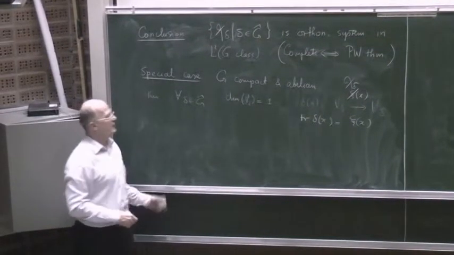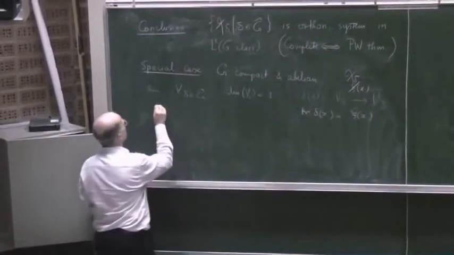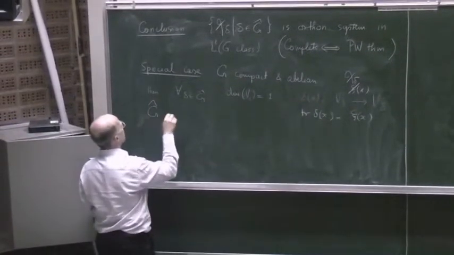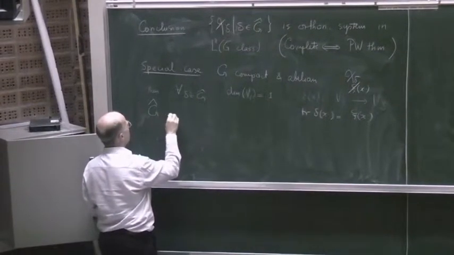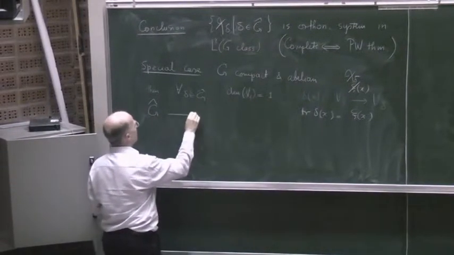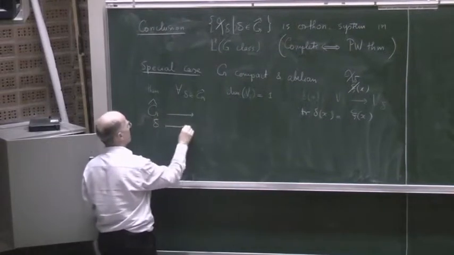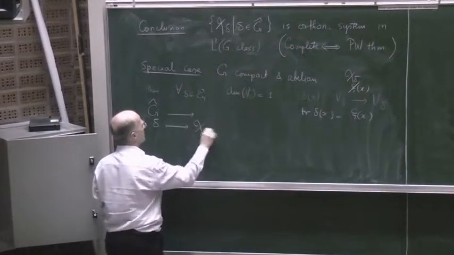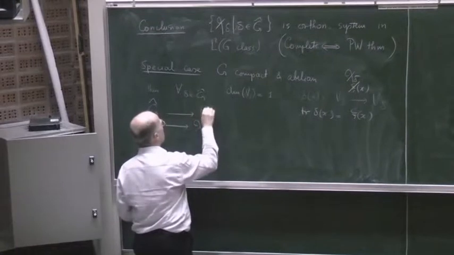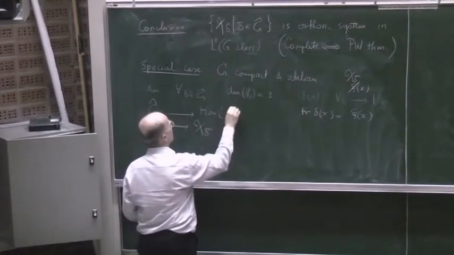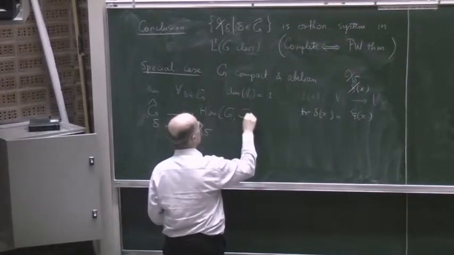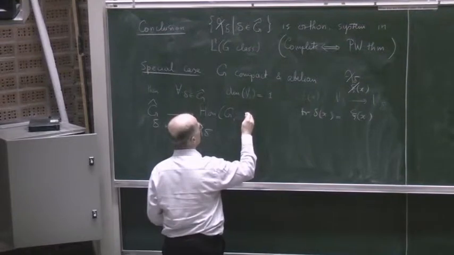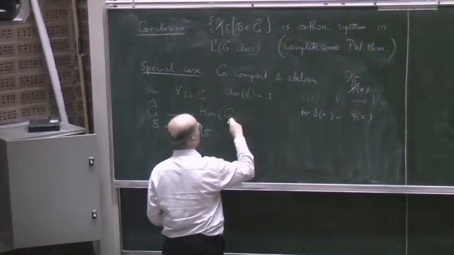Right? So one could now say that by mapping delta to its character, we really get the continuous group homomorphisms from the group G to, say, U(1), since G is compact here.